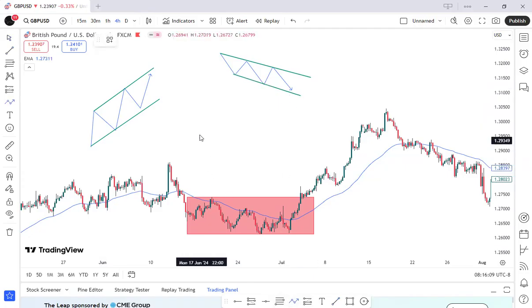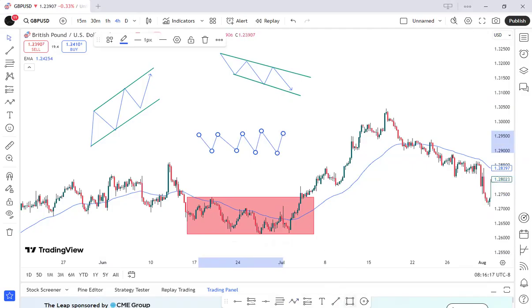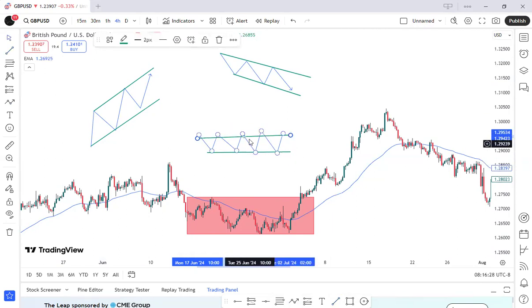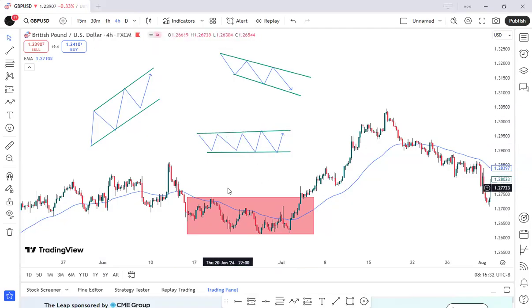And this is a consolidation market, which I just showed you, price finding it hard to break. So on this particular zone, what you have to do is mark out these highs and these lows that we are finding it difficult to break. Whichever way it breaks out, that will be your entry. That will be the direction of the market. All right. This is a consolidation market.